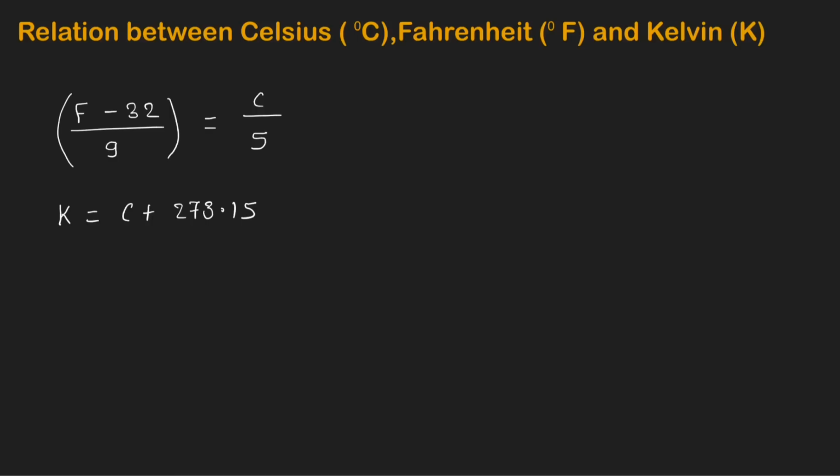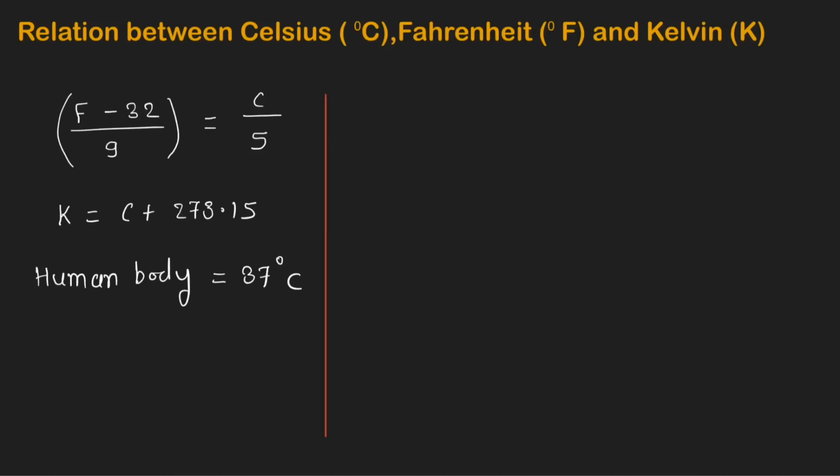We can understand this point through an example. Here we consider the human body, and the normal temperature of the human body, we know, is 37 degree Celsius.